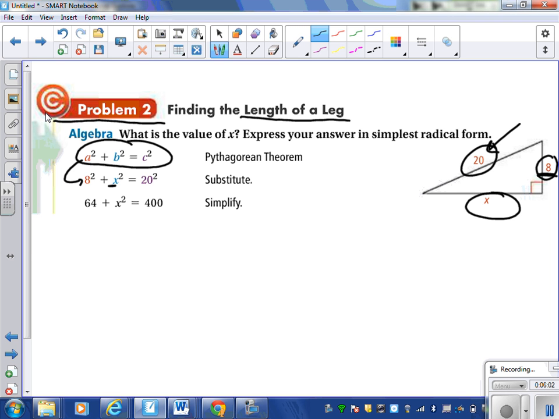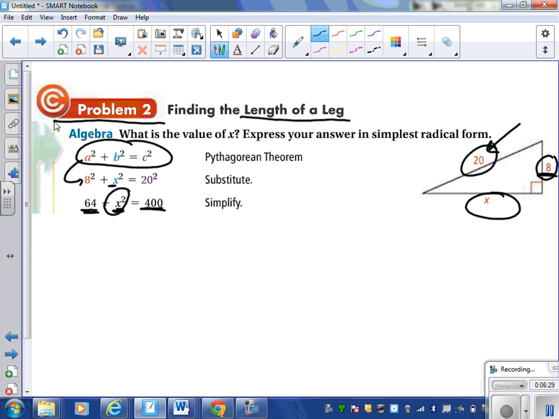So the next step is we need to square 8. So 8 to the second power is 64, plus x squared. 20 to the second power is 400. So we are left with 64 plus x squared equals 400. What do we do to get x squared by itself?